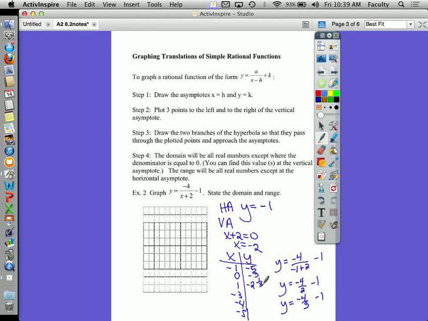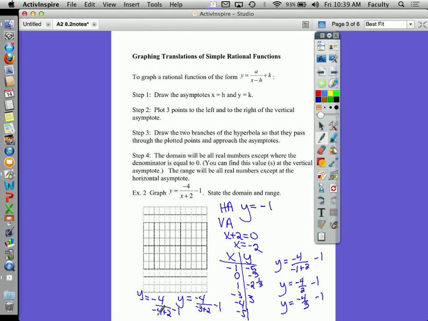Let's plug in negative 3. So I get negative 4 over negative 3 plus 2 minus 1. That's negative 4 over negative 1, which is 4. 4 minus 1 is 3. Now let's try in negative 4. Negative 4 over negative 4 plus 2 minus 1.